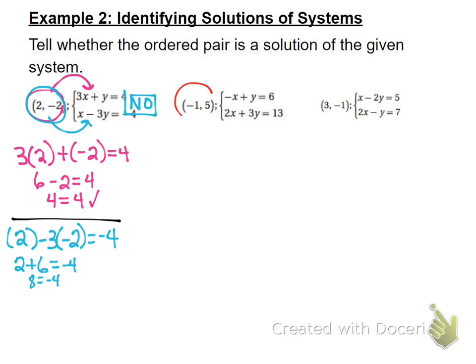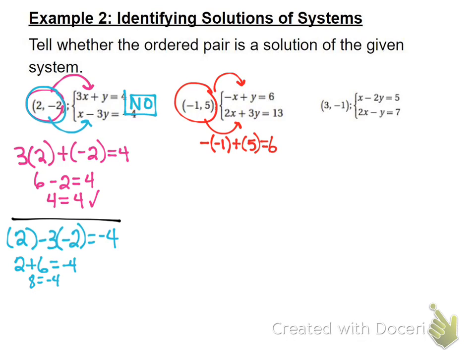So this time I'm using the ordered pair negative 1, 5 to see if each of these two ends up being a solution. So when I go to rewrite it, substituting for my x and y, what should it look like? Let's have Ben tell me. So when I go to rewrite this, I just put negative parentheses negative 1 plus 5 equals 6.